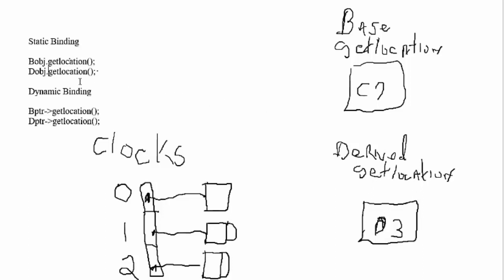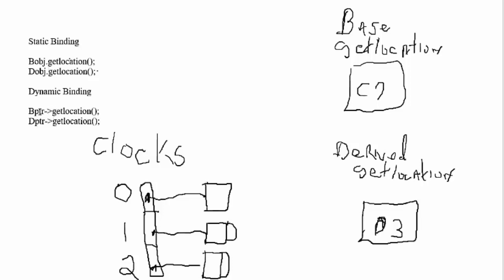Now, that's static binding done during compile time. The problem is with pointers, we said that pointers can point to base class objects or derived class objects. Now, if I didn't have that virtual function, again, these calls would be very simple.